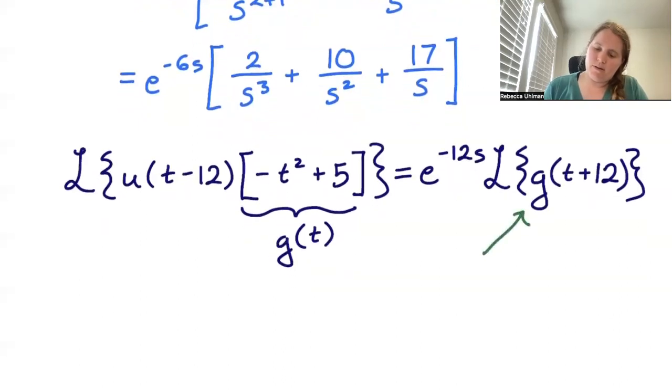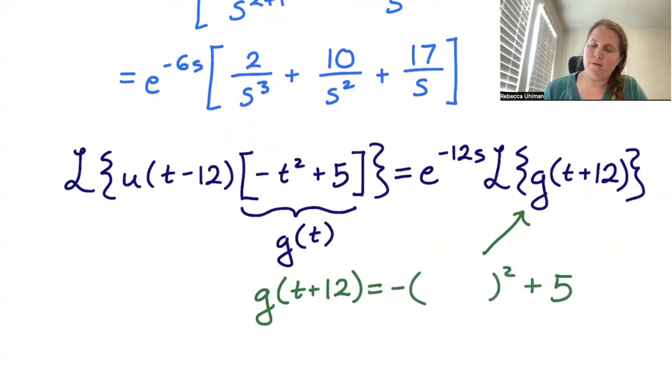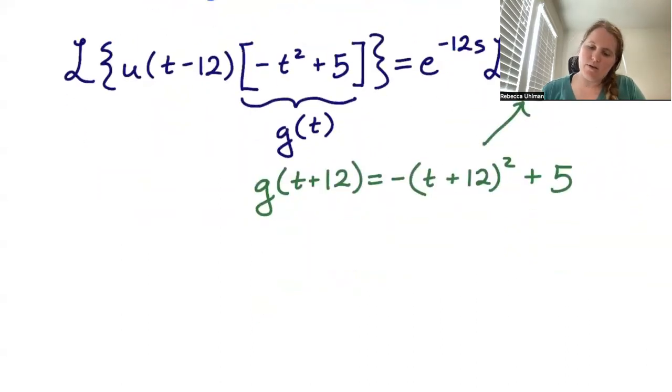So we have g of t plus 12. g of any blank should be equal to negative that blank squared plus 5. So we have a negative, then t plus 12 inside parentheses squared, and then plus 5. So for g of t plus 12, we would have a negative t squared, then minus 24t, then minus 144 plus 5 becomes minus 139.